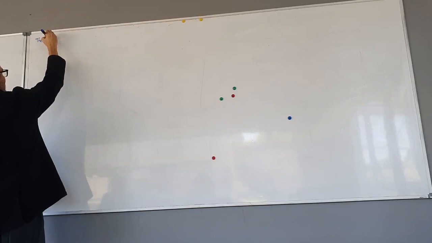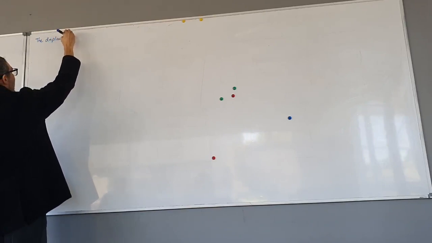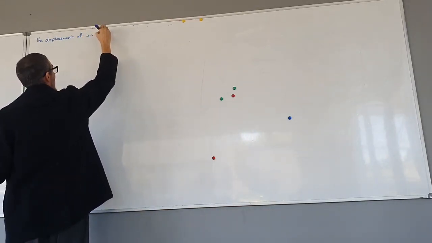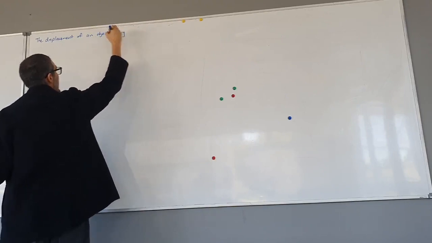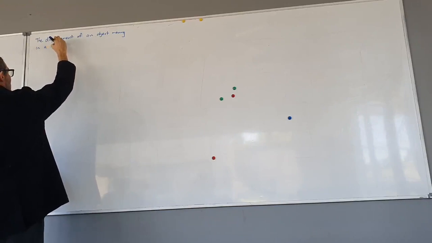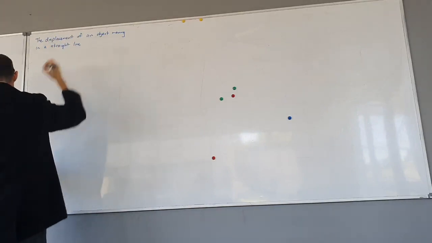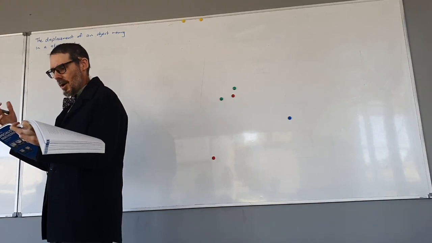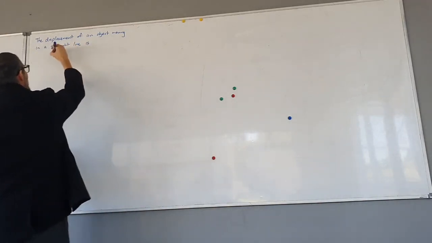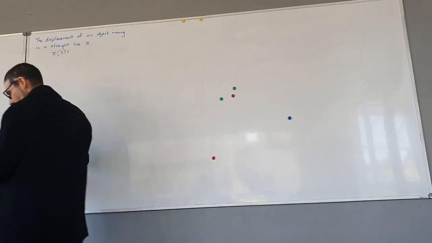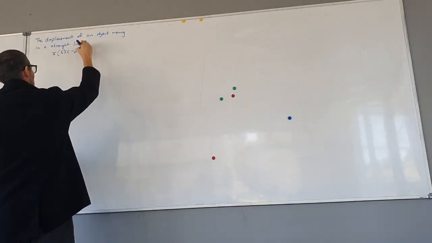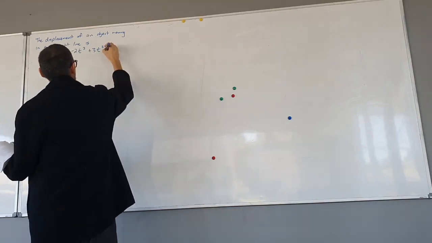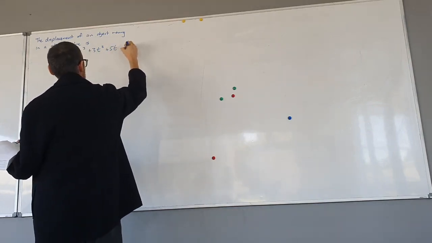The displacement of an object moving in a straight line, because that's what the syllabus says we have to do, x meters at time t seconds, x as a function of time, is negative 2t cubed plus 3t squared plus 5t minus 6.